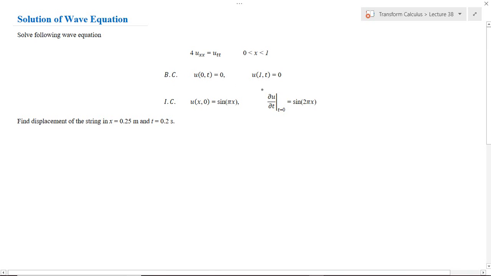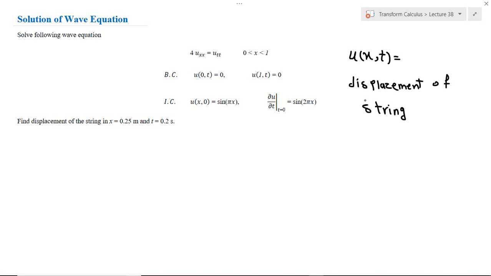So in fact, in this problem, you want to find u of x and t, which is displacement of string. In order to solve this problem, we use separation of variables, and I'm going to follow the same algorithm that I already posted on Moodle.